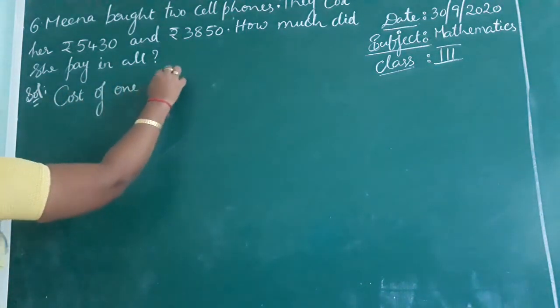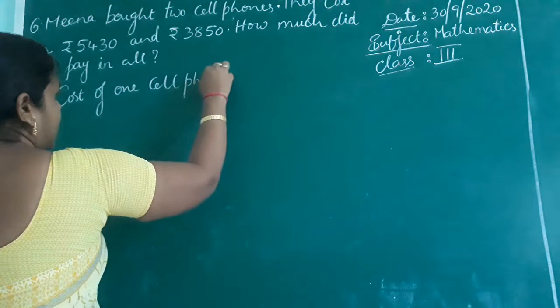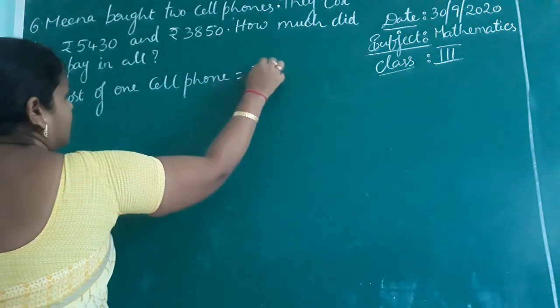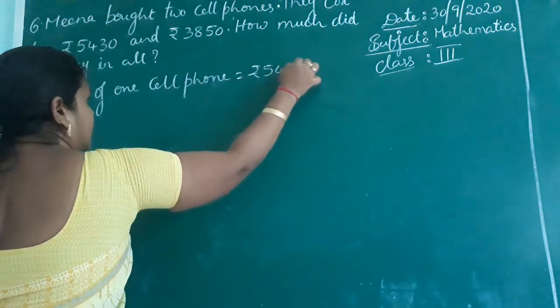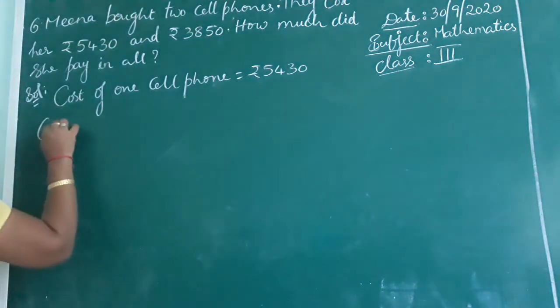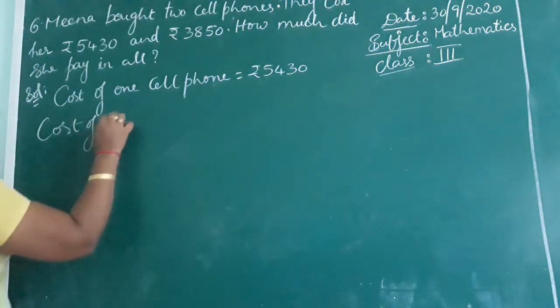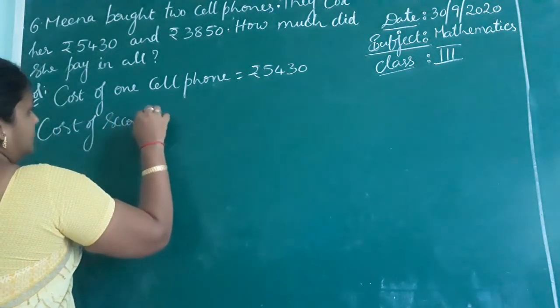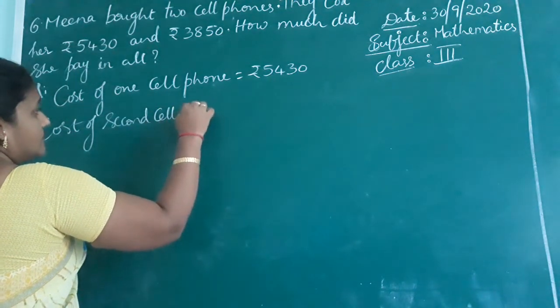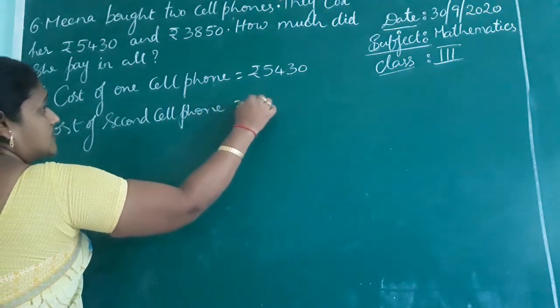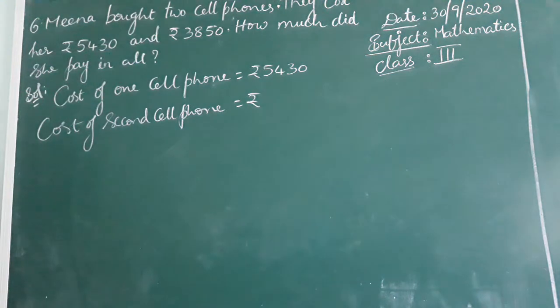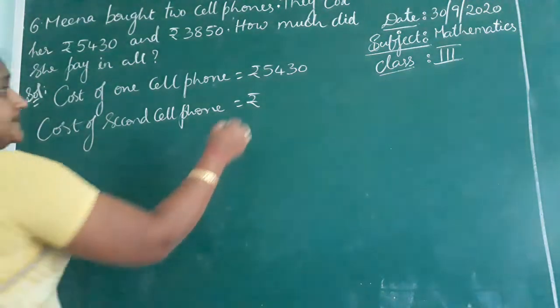What is the cost of the first cell phone? It's nothing but 5,430. And the cost of the second cell phone is 3,850.